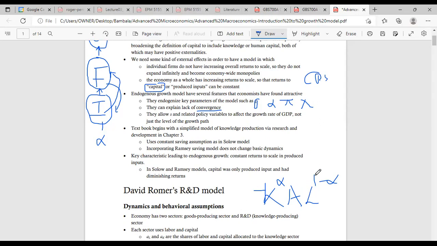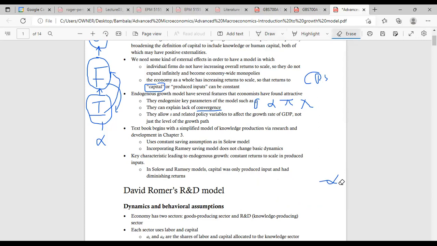So you may find that for certain countries the Cobb-Douglas model will converge soon. Others, it will not converge.